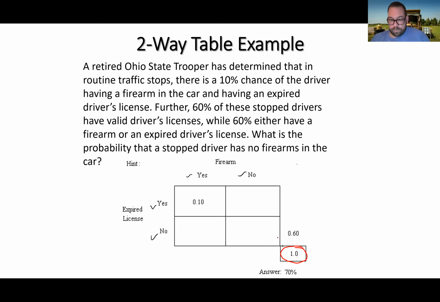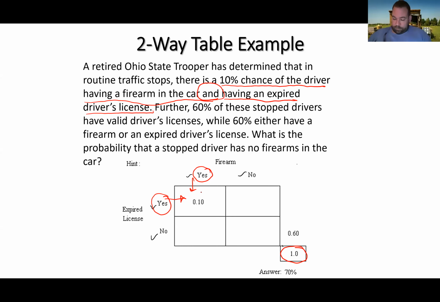Now, the first line says that there is a 10% chance of the driver having a firearm in the car and having an expired driver's license. So yes, a firearm in the car, yes, an expired driver's license, that probability is 10%. That's how you fill that up.